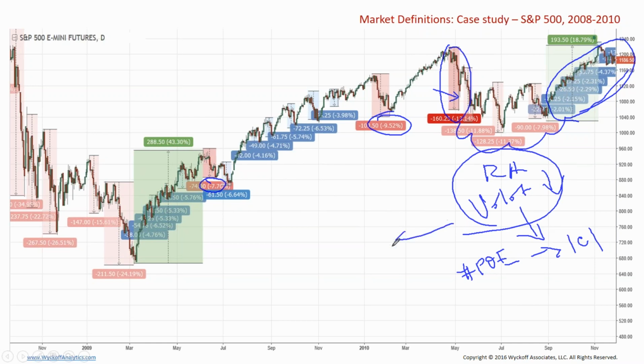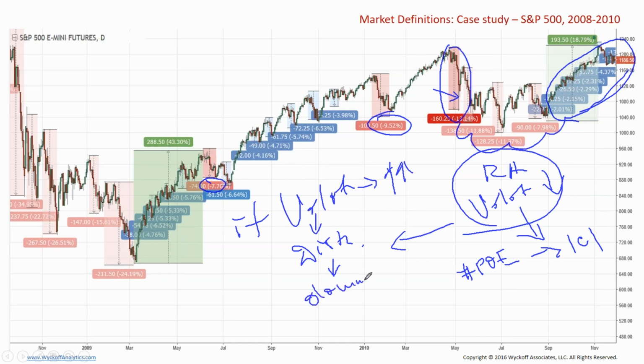The exception to that is if volatility in this range still continues to increase, and therefore that's going to become a distribution, and therefore our swing trades are all going to be to the downside.